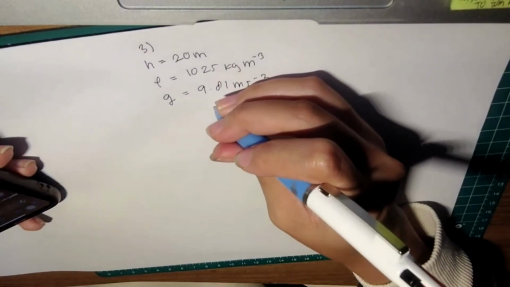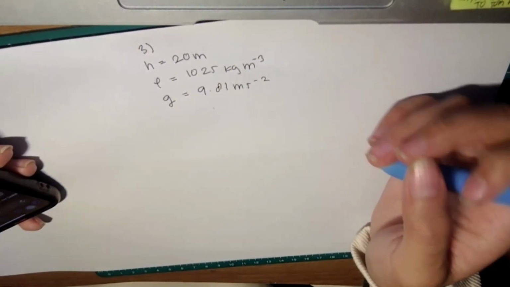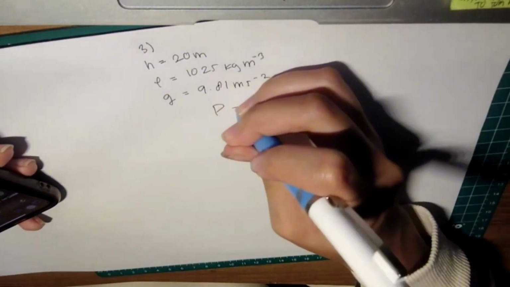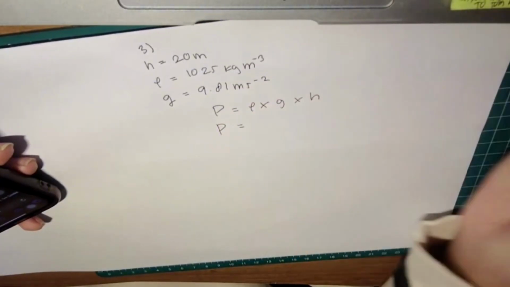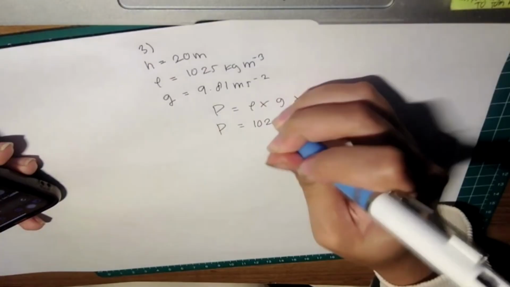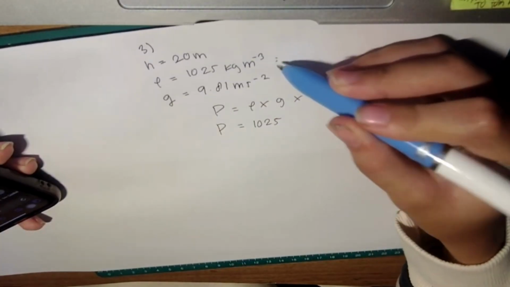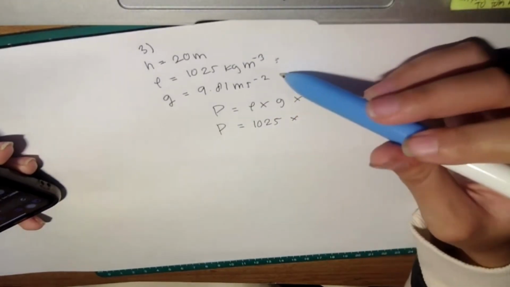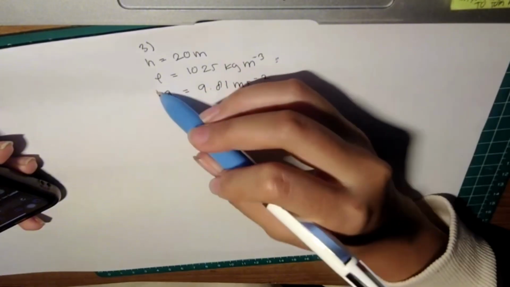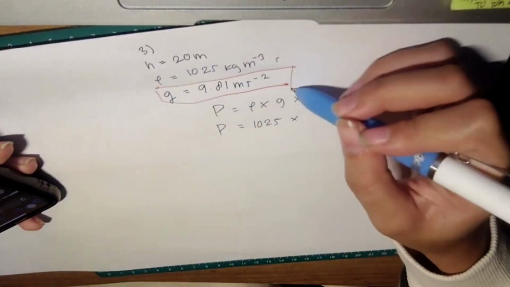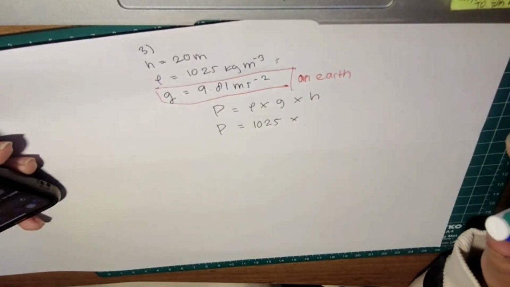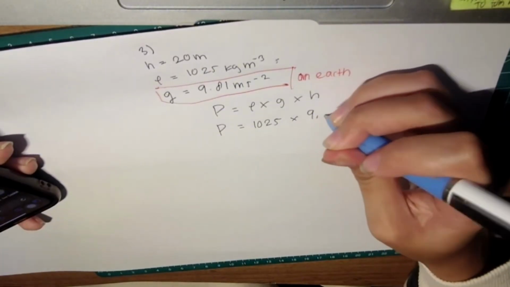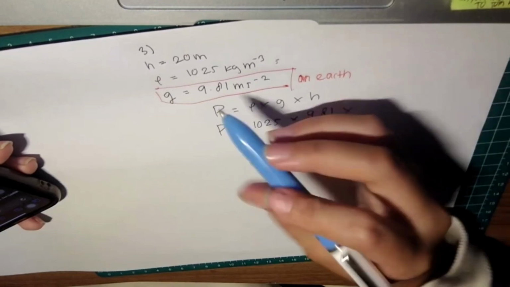So let's write it out. As usual, we need to write down the equation first, which is P equals rho times g times h. P equals 1025, which is the density of the fluid, times the gravity, which you guys must remember if it's on Earth, 9.81, times the depth, which is this one.